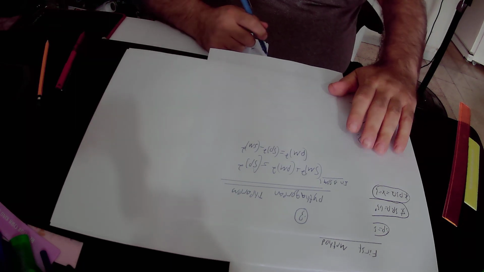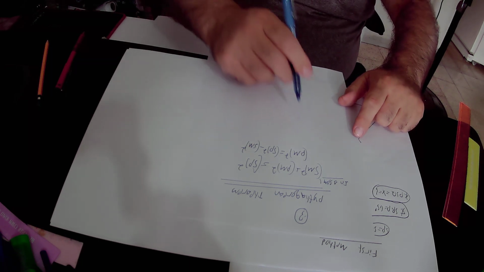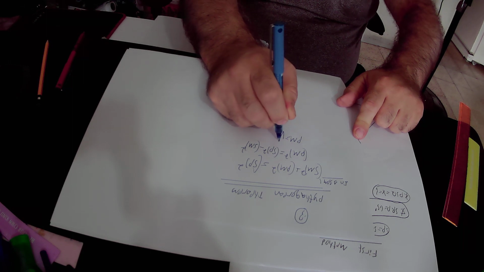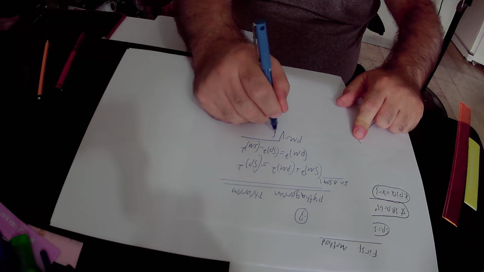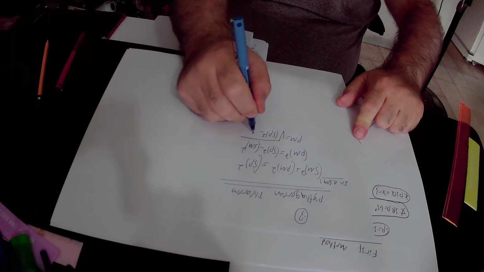Okay, so here we will take a root of this equality, and we will get that PM equals the root of SP square minus SM square.